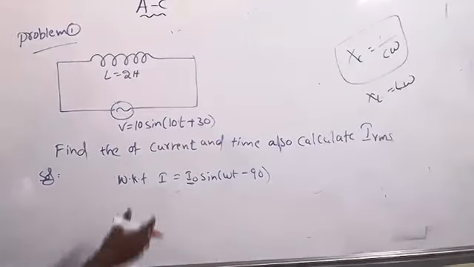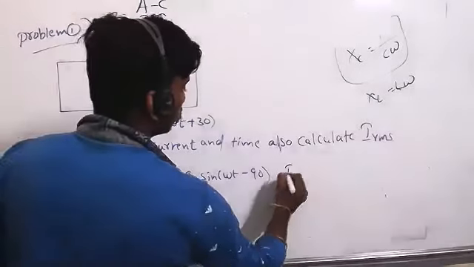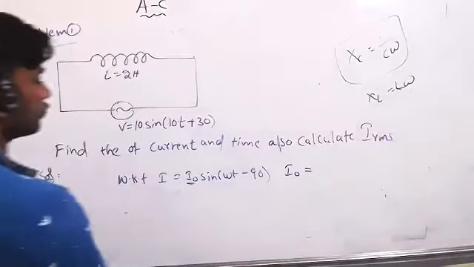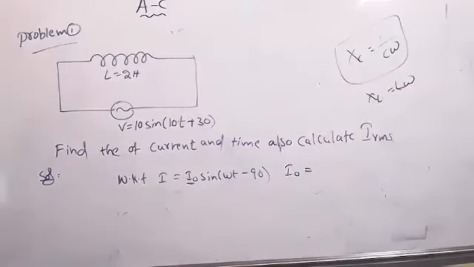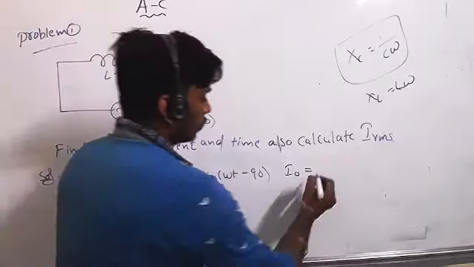Now let's see, how to find out I naught? I naught is equal to V naught by L omega. Very good.